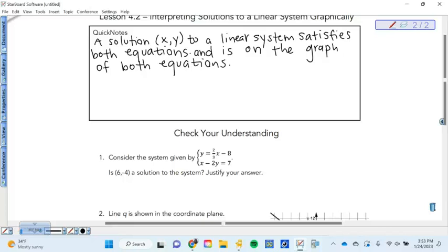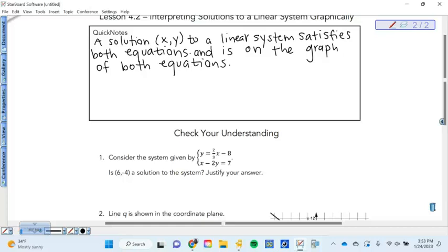You're going to do it for the first equation and the second equation. If this point is a solution to the system, then it's going to work in this equation and that equation. If it only works in one equation, it's not going to work for this system. Does that make sense? You're going to try that.